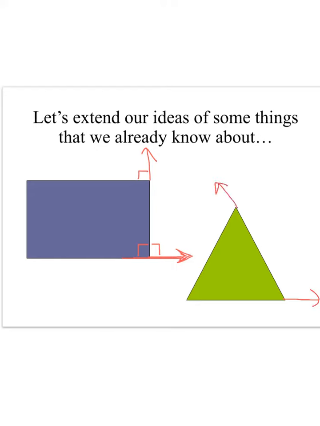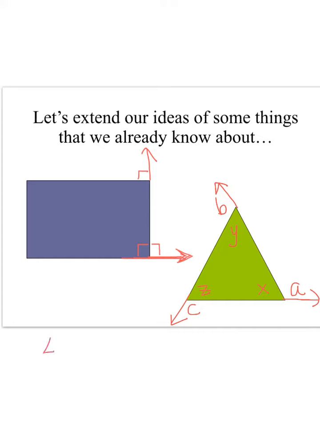So we have interior angles, which are all the angles inside, and we have adjacent angles to each of the interior angles. We call them exterior angles, where their sum is always equal to 180 degrees. So inside angle is interior angle, and outside angle is exterior angle.